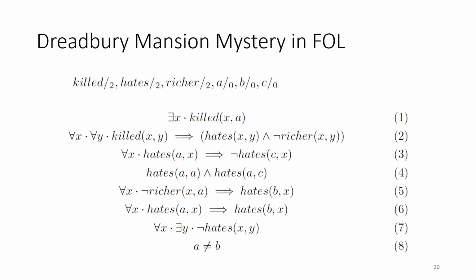So those were our constants. Then we have these predicates here: killed, hates, richer. And those are our constraints on those symbols that we have introduced. Now, what would it look like if we want a model for this?